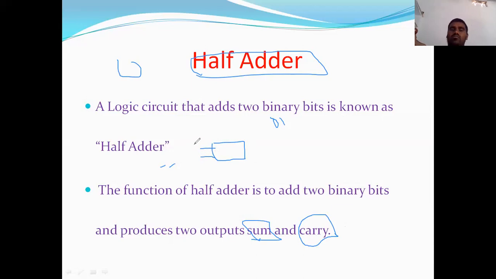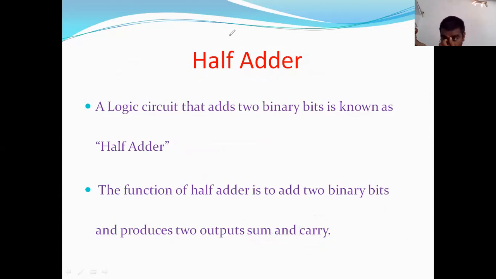Here we have two inputs, one binary bit and another binary bit, represented with A and B. And here we get two outputs, one is sum and another one is carry. The function of a half adder is to add two binary bits and produce two outputs.